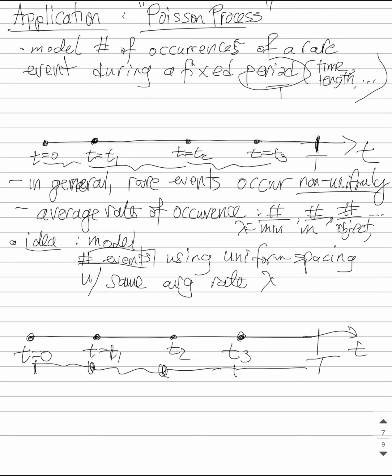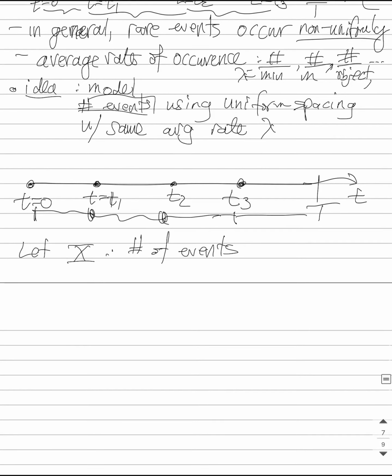That's the goal here. So we have a random variable, and we're going to say that this is the number of events that occur. It will turn out that the number of events is going to be modeled by a Poisson distribution, but the parameter is going to be lambda times t. So the average rate times the duration.